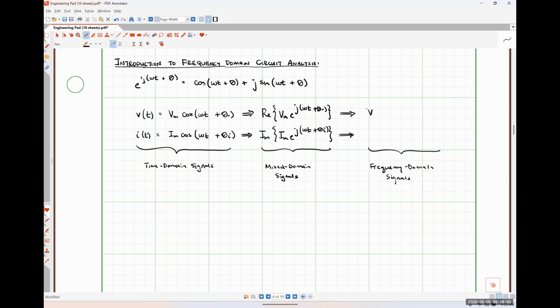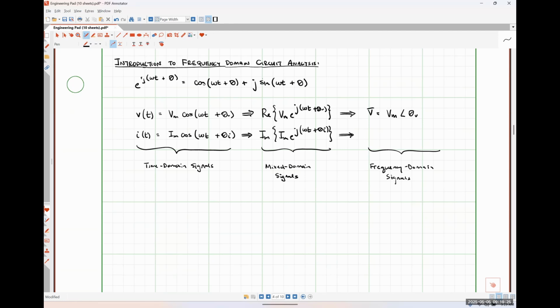So this V with a bar over it is my phasor voltage. Okay, so it's how I'm going to represent voltages in the frequency domain. And all I'm going to do is take the magnitude, take the phase angle, and just throw everything else away.